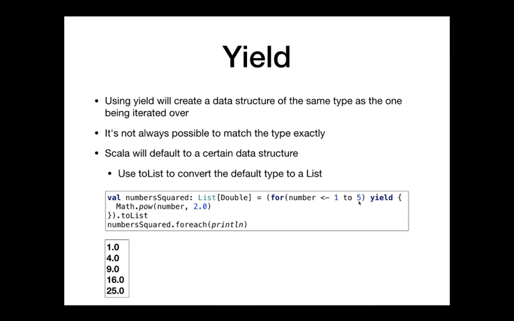So yield is going to try to put the results in a range. It's not going to have much luck with that. So it's going to put all of this data into some default data structure. I'm pretty sure this would be a vector in this case. It's going to put all these values into a vector, and that's going to be the data structure that this for loop resolves to.